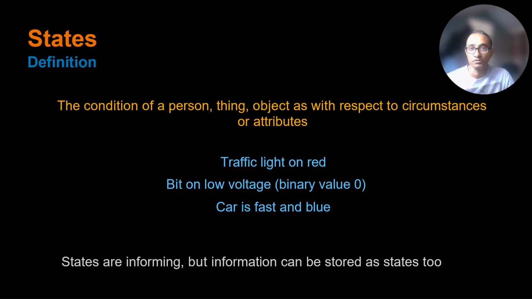Therefore, it is important to understand that the states are informing about the object, but the same information can also be stored as states, thereby making correlation. So if you say that today, if it rains and if the temperature is below certain degrees, I'm gonna drink hot chocolate. So that's the correlation and that's the information being stored in states.